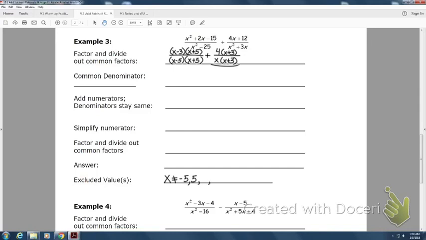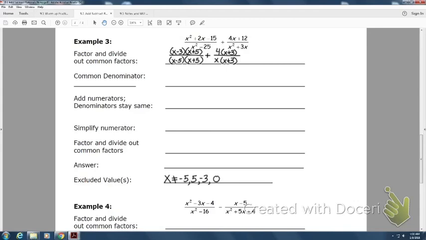So what excluded values would that denominator give me? Set it equal to 0 and solve it. -3 and 0.